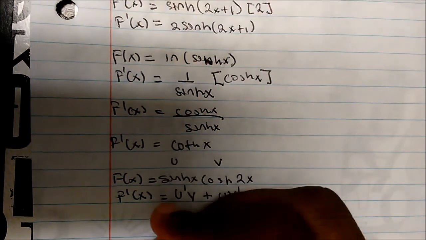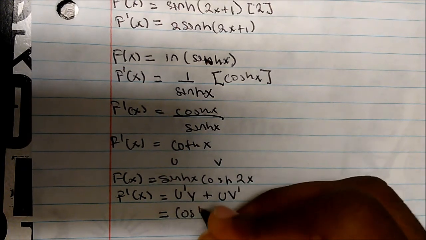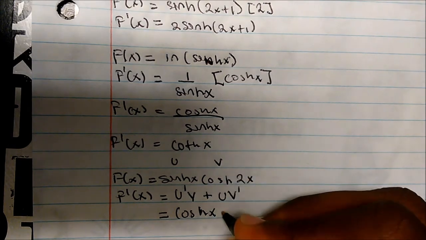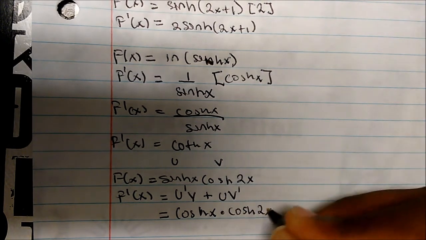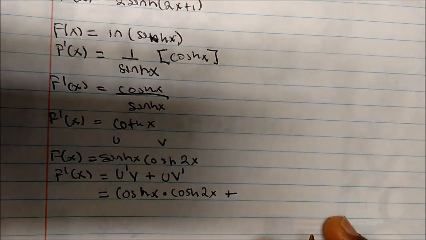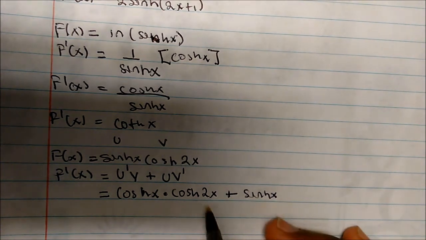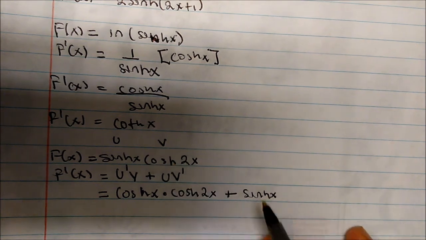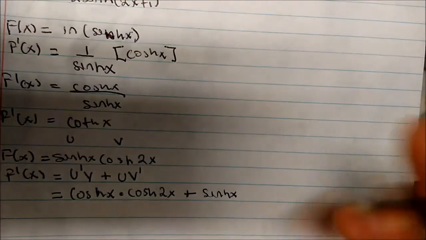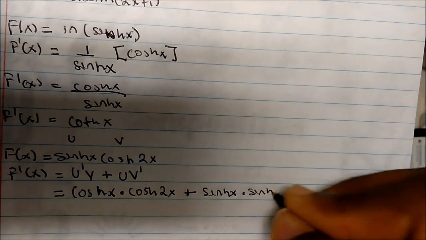If we follow the formula, we know the derivative of sine hyperbolic of x happens to be cosine hyperbolic of x. We're simply going to multiply that by cosine hyperbolic of 2x. And we're going to add, what's my plain old u? That happens to be sine hyperbolic of x multiplied by the derivative of cosine hyperbolic of 2x. We know the derivative of cosine hyperbolic of anything happens to be sine hyperbolic of that same thing. And again, don't forget we have a chain rule here.